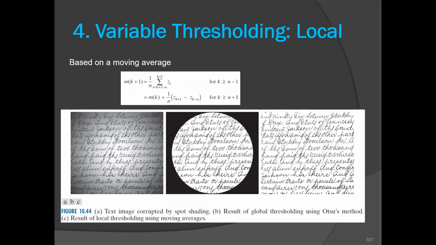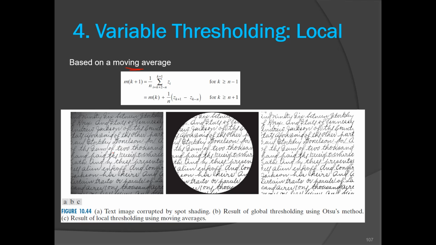This is another example, but here we have used a moving average: local thresholding based on moving average. What is the procedure here? This is our handwritten text image, and here we have a spotlight effect.